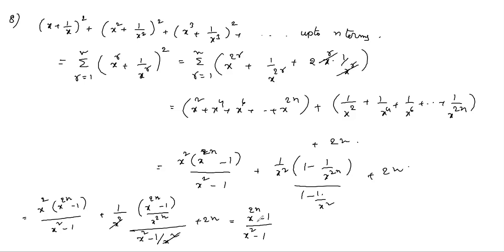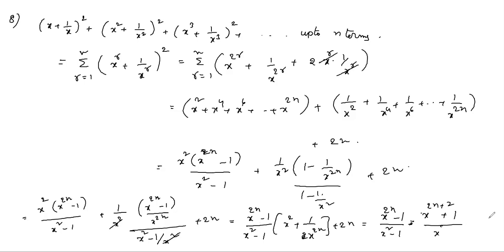So the first term is x square plus 1 by x power 2n, plus 2n. So (x power 2n minus 1) by (x square minus 1) into, by simplifying, x power 2n into x square is x power 2n plus 2, plus 1 by x power 2n, plus 2n outside. So this is the expansion of the sum of n terms.